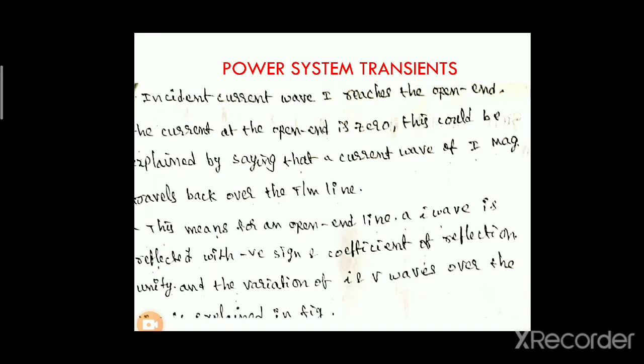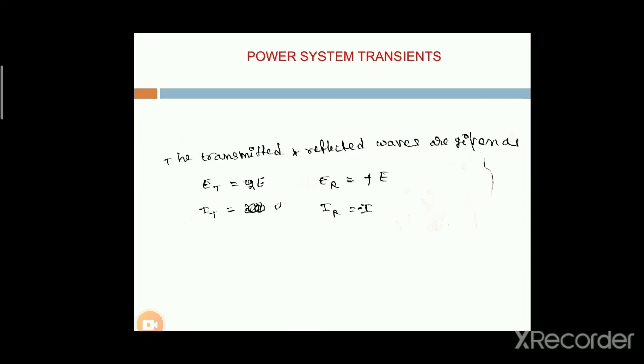After the voltage and current waves are reflected back from the open end, the voltage over the line becomes 2V and the current is equal to 0. The voltage at the source end cannot be more than the source voltage V, therefore a current wave of negative I is reflected back.